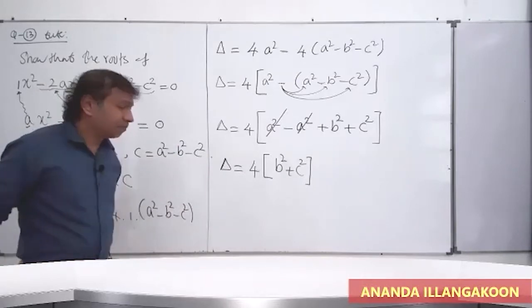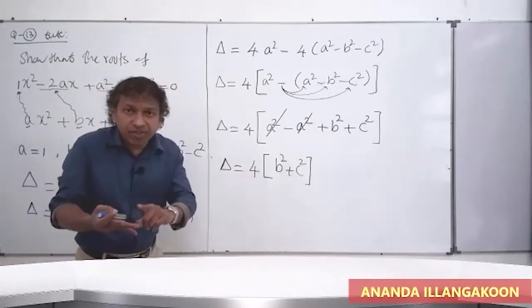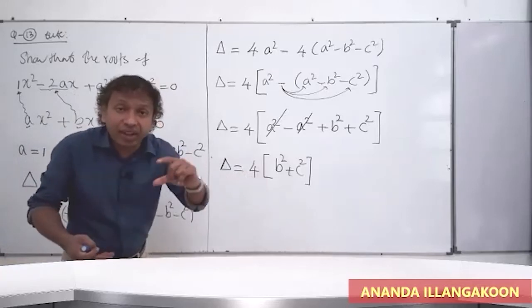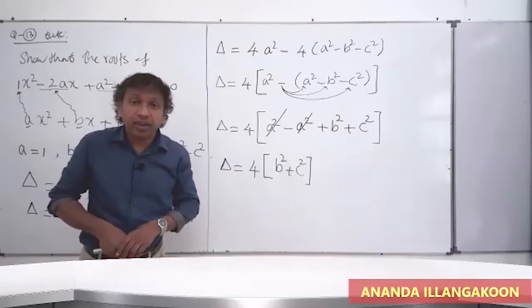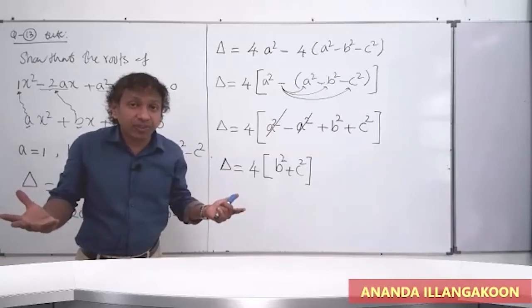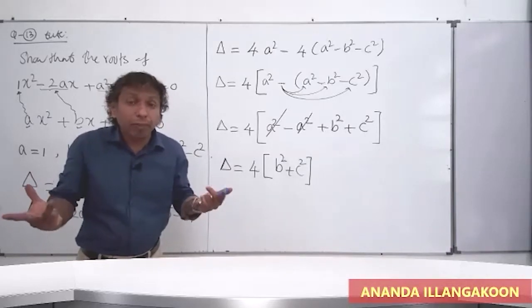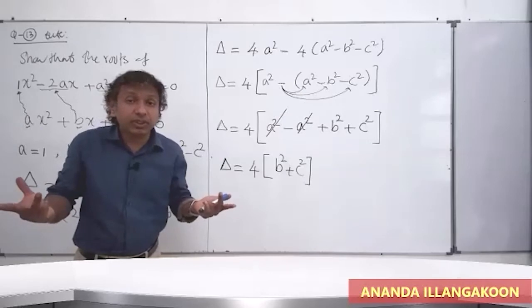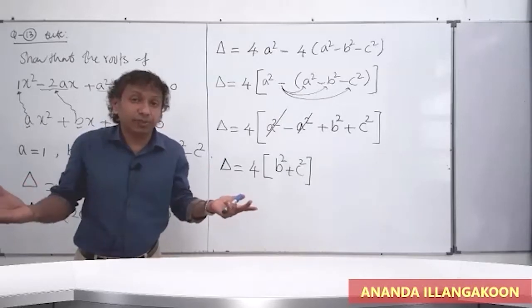People, think like this. We are given in the question that A, B, C are real numbers. What do you mean by real numbers, people? Real numbers means the numbers we use in our day-to-day life, with plus, minus, fractions, decimals, positive integers, negative integers. Those are called real numbers.